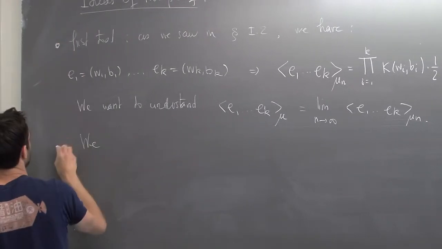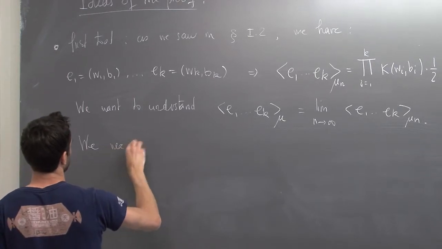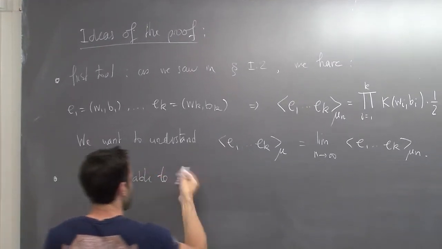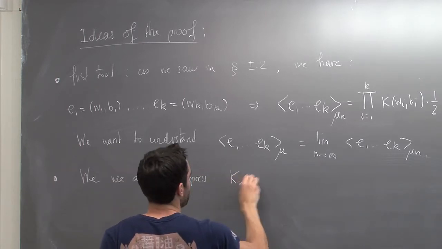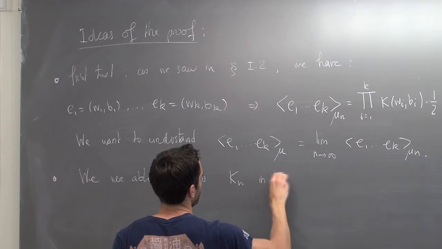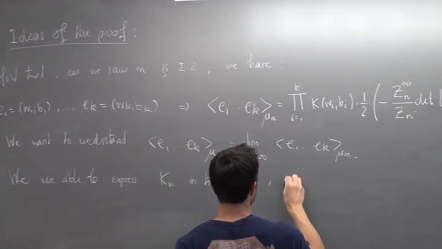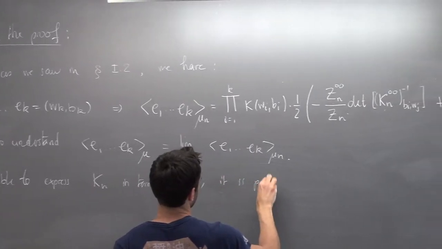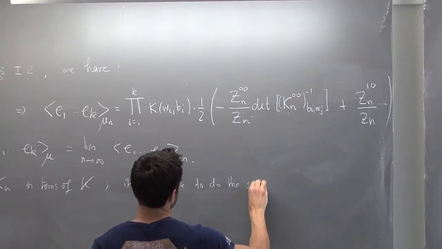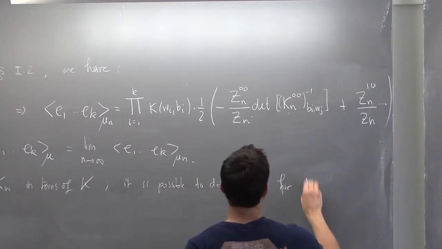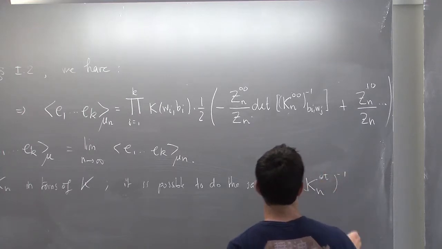So we were able to express Kn in terms of K, and it is possible to do the same for Kn(theta, tau) inverse.